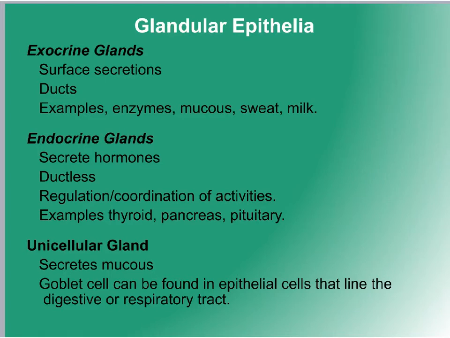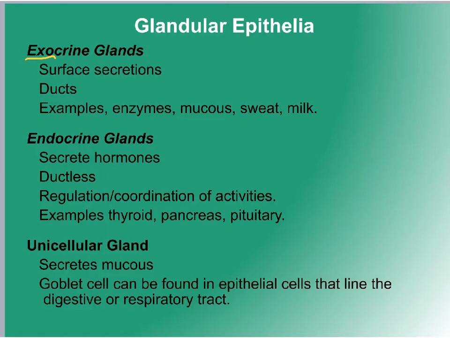And exocrine, think of the term exit. So they're secreting something onto a surface. So they're going to have a very specific structure where there's a main duct or a main passageway in the center, and that passageway will carry the secretion to the surface of something.